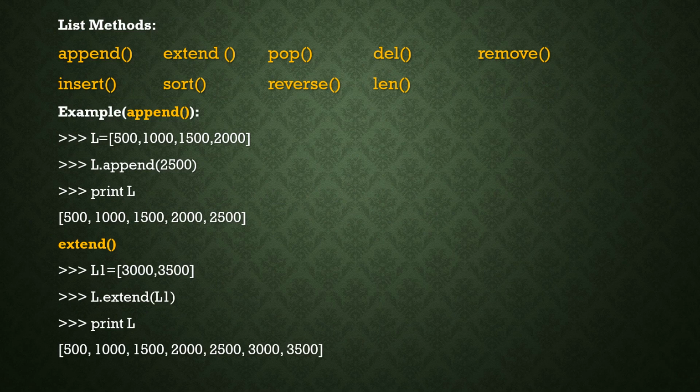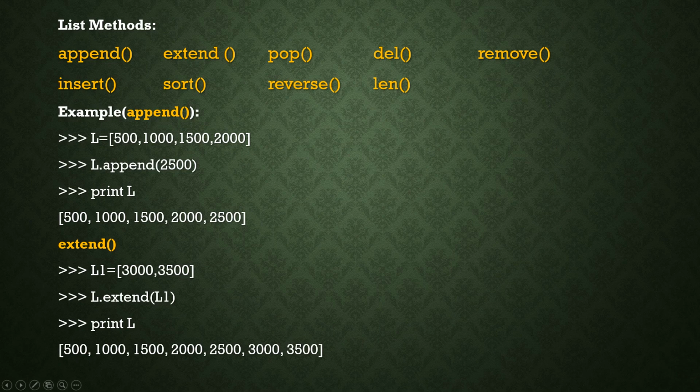Here L1 equal to 3000, 3500. L is the list given above, L equal to 500, 1000, 1500, 2000 and 2500. So the latest list includes a total of 5 elements. Again you are going to extend 2 more elements, 3000 and 3500.